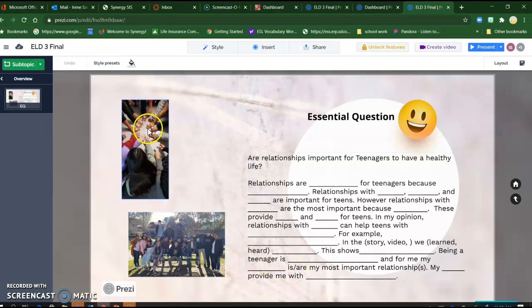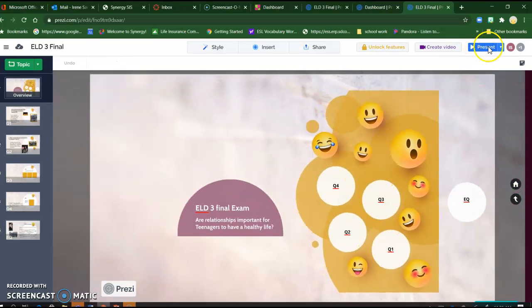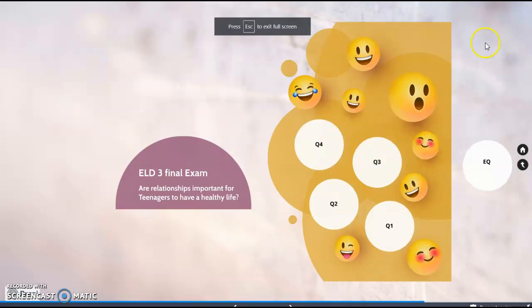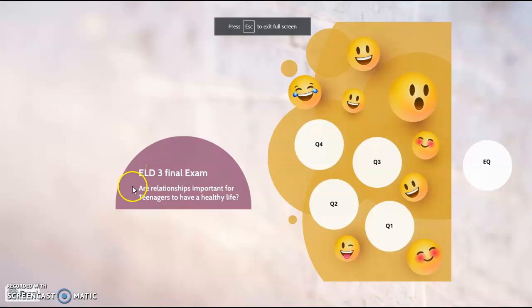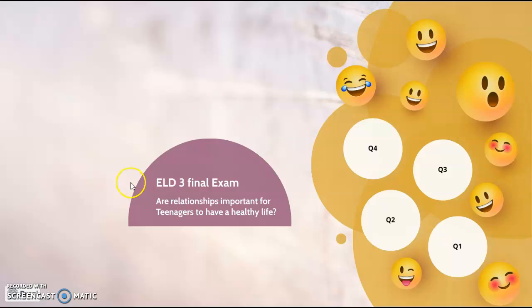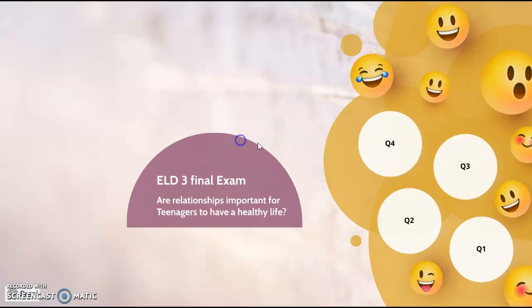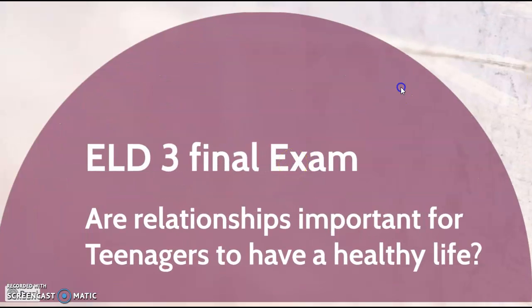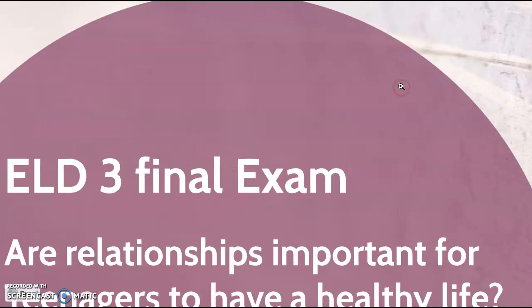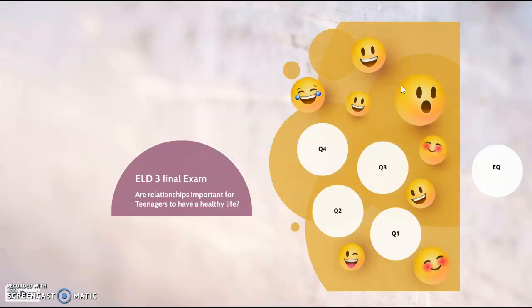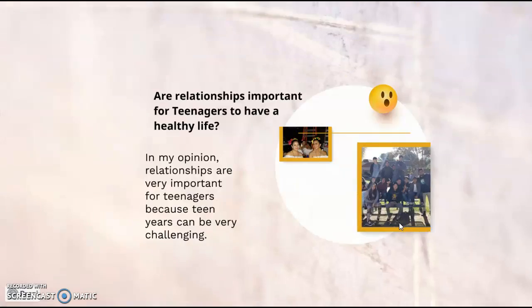You can also put pictures. Then you can go ahead and present. This is what it would look like. Every time you click, it takes you and puts it right into something that you have on there.